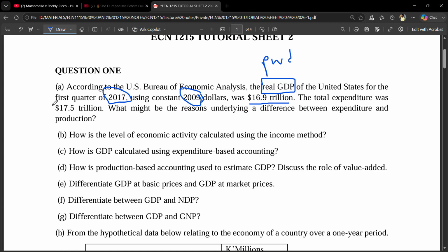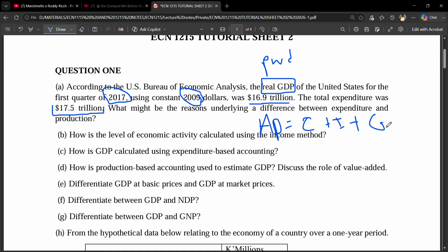So in the economy, we know that total expenditure is going to be calculated using aggregate demand, which is household consumption, investments, and government expenditure.